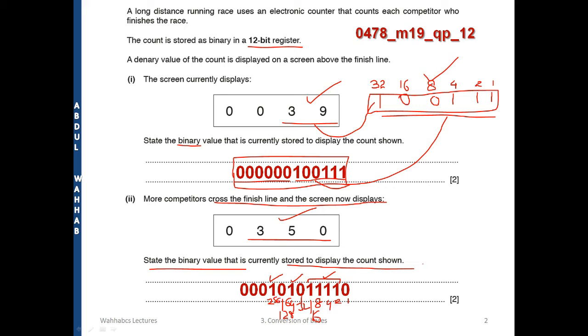So you add up the value 256, because this bit is on, and you add up the value 64, and then you add the value 16, 8, 4, 2, that's all. So it will become 350, and it was our requirement.